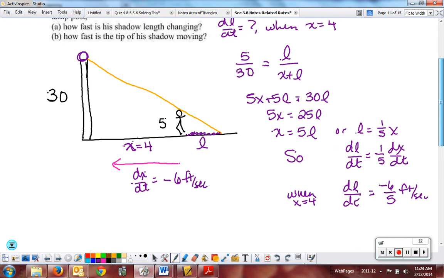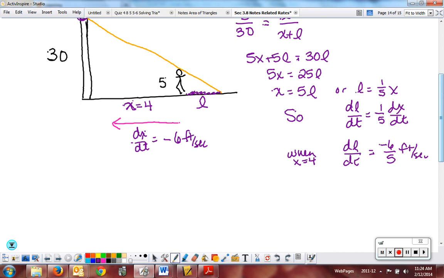How fast is the tip of his shadow moving? What are you being asked to find in B? How fast is the tip of his shadow moving? That is not dl dt. I heard, Nick, what did you just say?